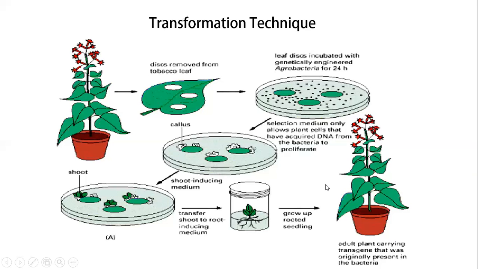Now what is done here? The leaf discs are incubated with genetically engineered agrobacterium for overnight culture, and this is known as the co-cultivation process. After this, in the selection media, only the genetically engineered agrobacteria will grow, and any agrobacterium which is not genetically engineered cannot grow.